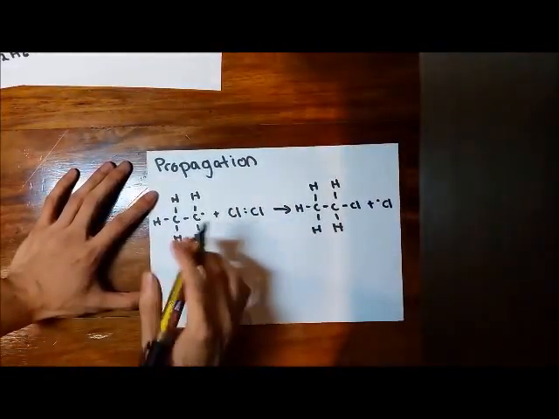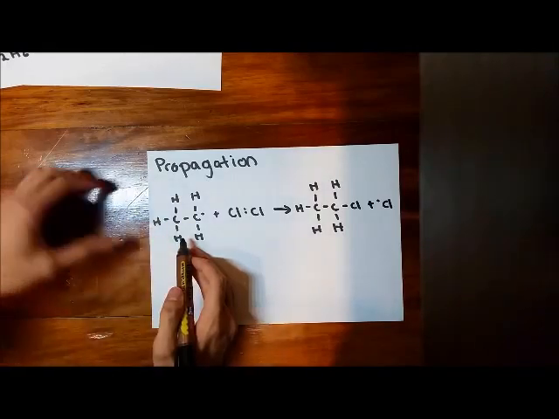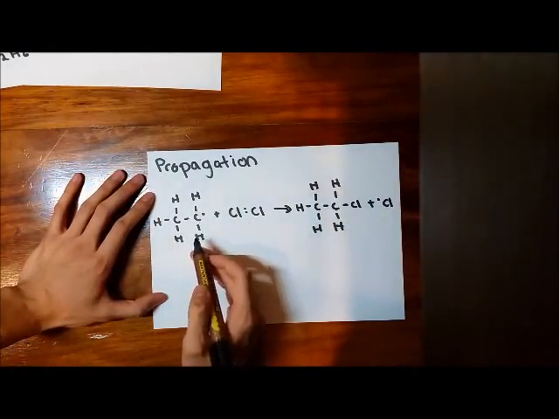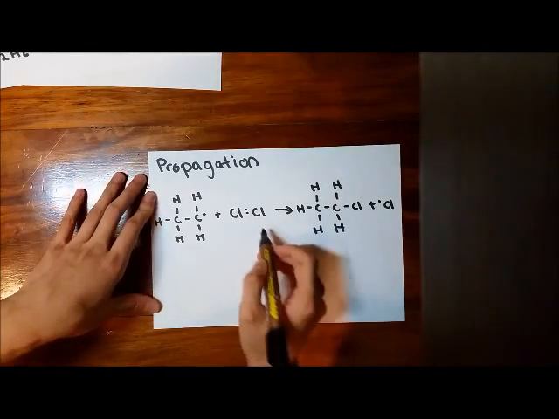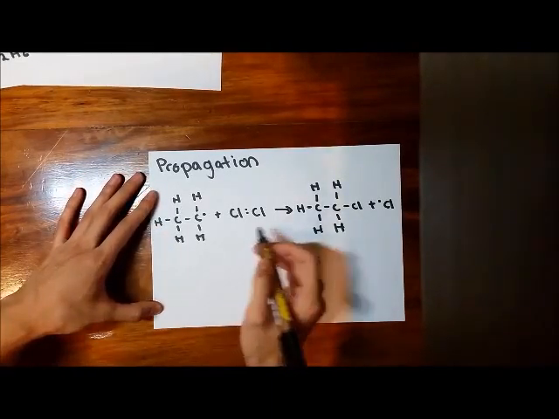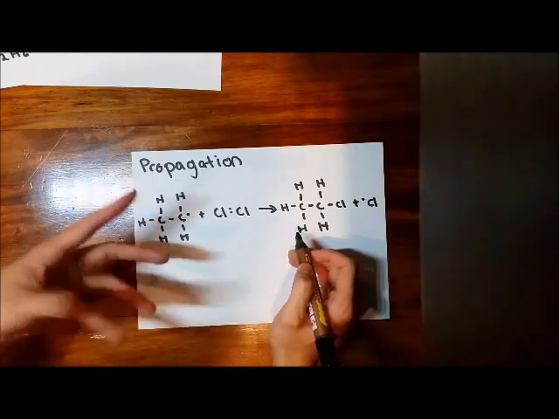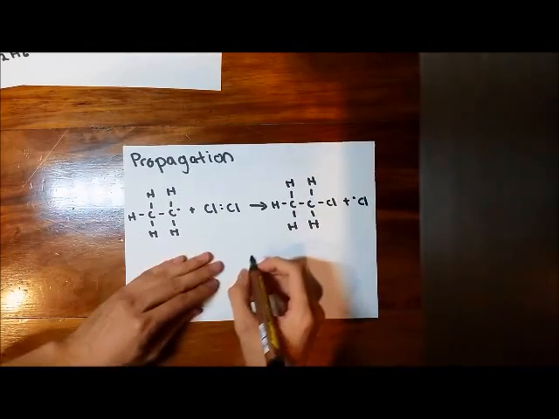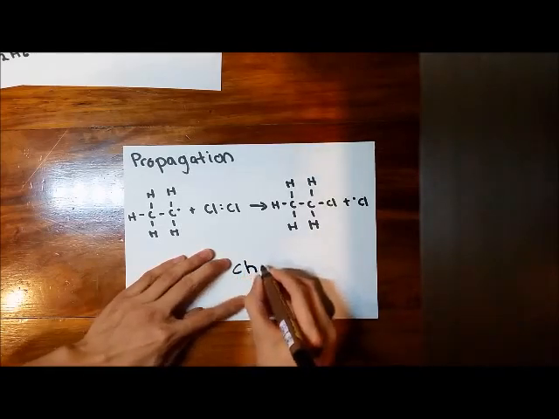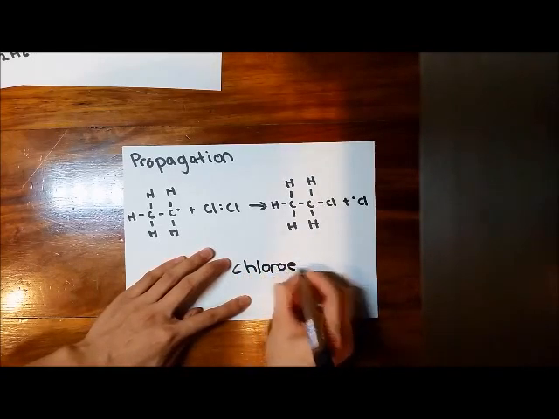And the second part is we have the ethyl radical. The ethyl radical reacts with a chlorine molecule, producing the halogenoalkane that we need. And the halogenoalkane that we have is what's known as chloroethane.